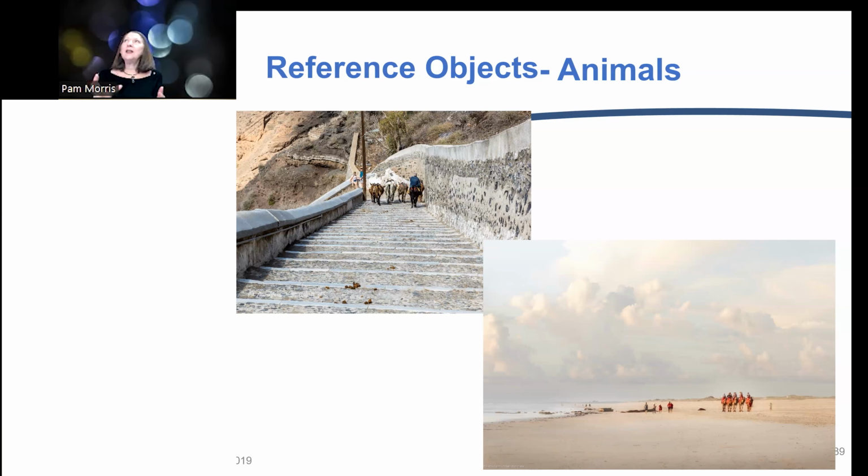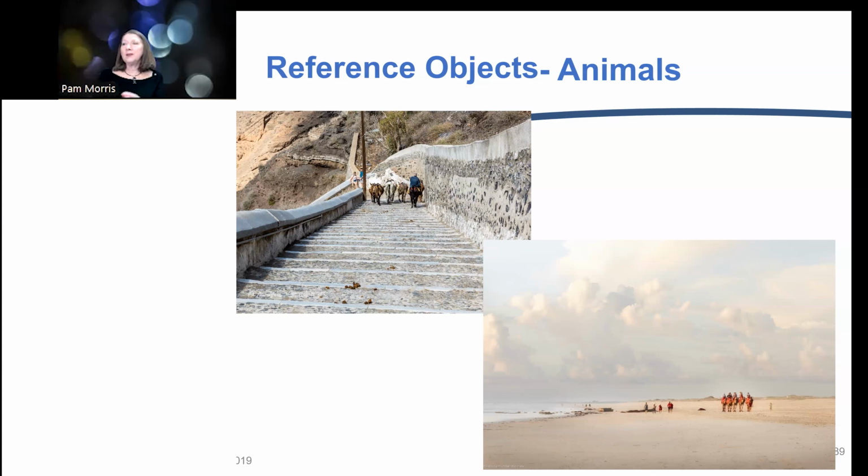But typically in landscapes, if it's nature, we're not looking for people to be in it because they don't belong there. And so often animals and wildlife belong within the area that we're actually photographing, and they provide a more natural reference size.